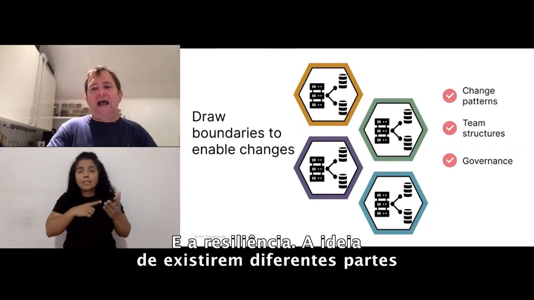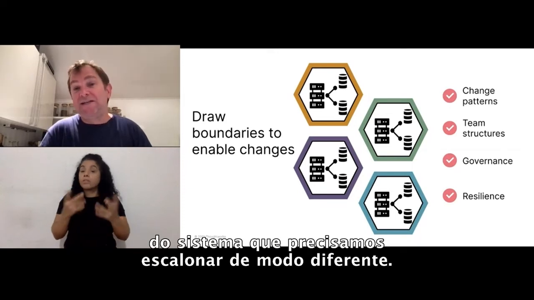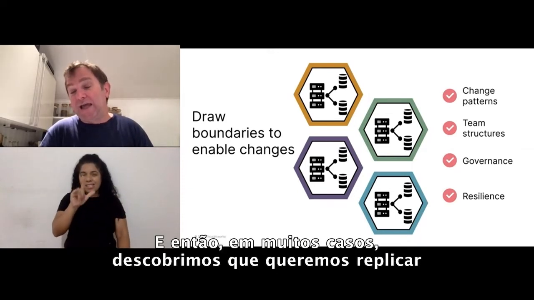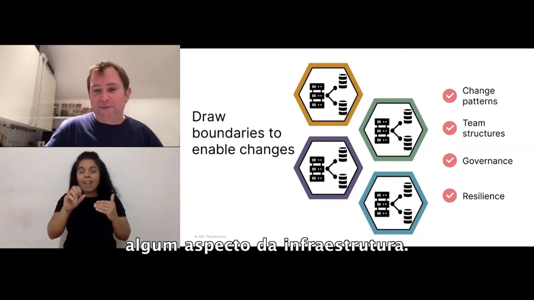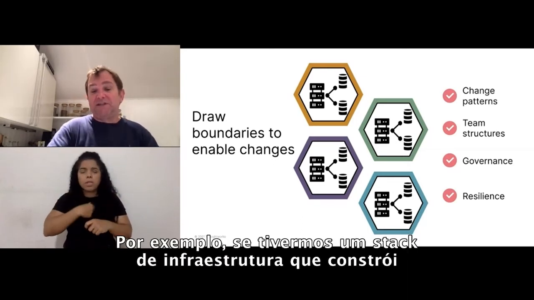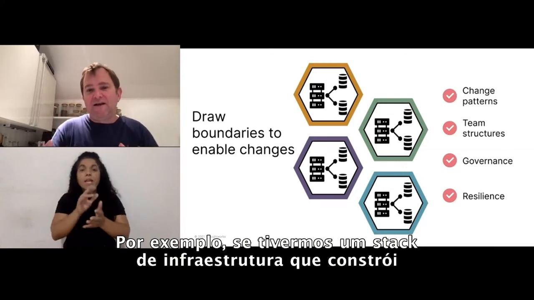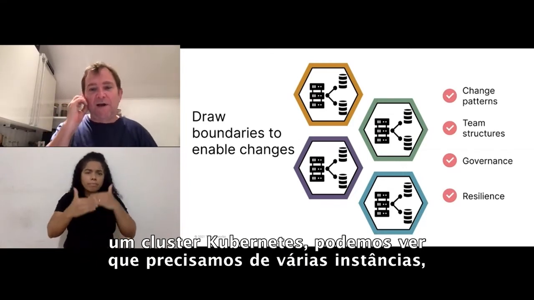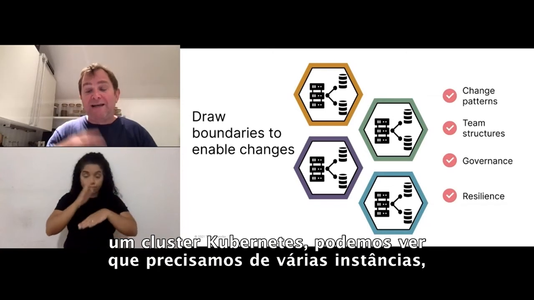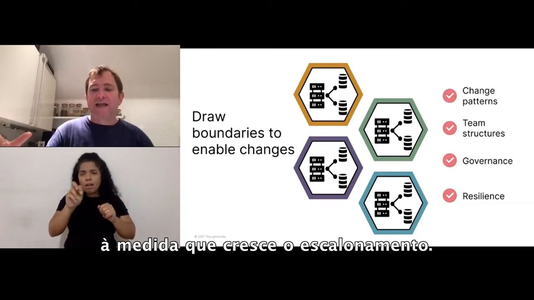And then similarly with resilience, the idea that there are different parts of our system that we might need to scale differently. In many cases, what we find is that we want to replicate some aspect of our infrastructure. So for instance, if we have one infrastructure stack which builds a Kubernetes cluster, we might need to have multiple instances of the cluster, especially as we scale up.